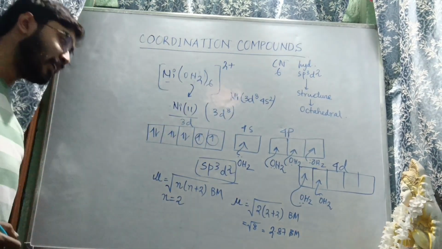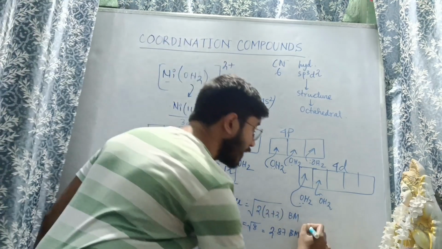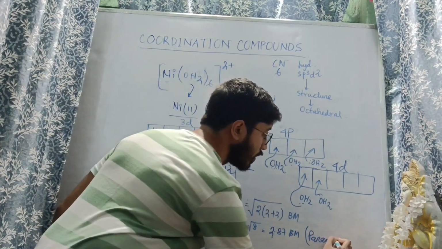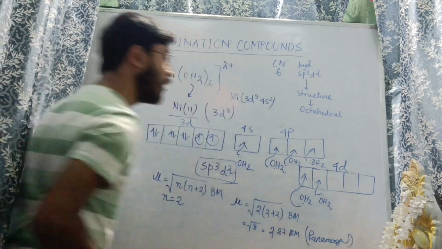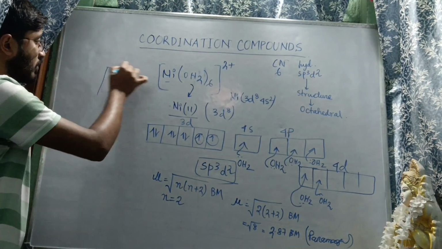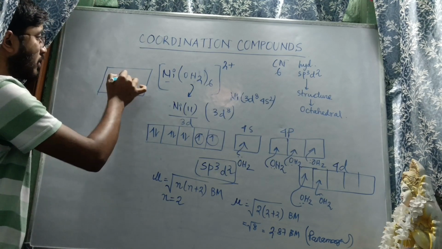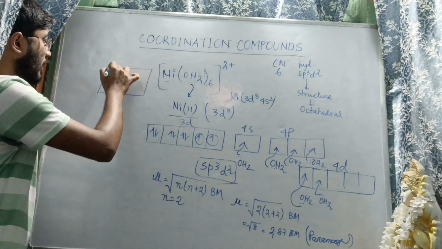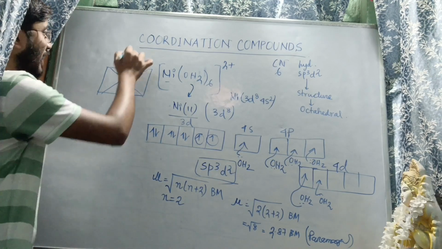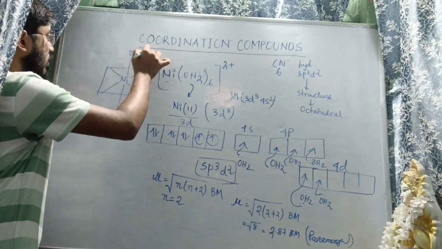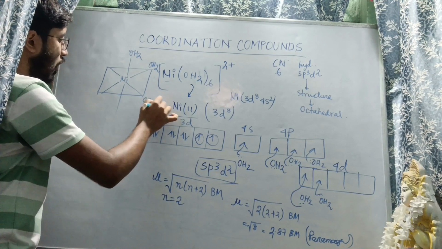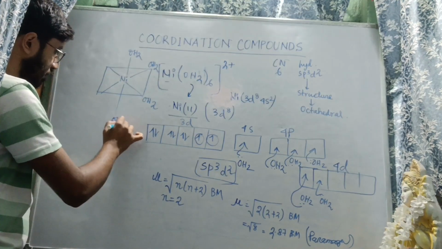So the compound is paramagnetic in nature. And the octahedral complex means nickel is present in the center of the octahedron and 6 water molecules are present at each corner of an octahedron.